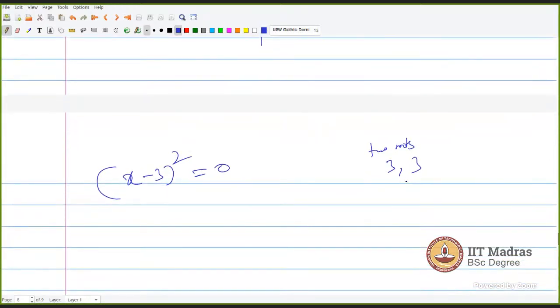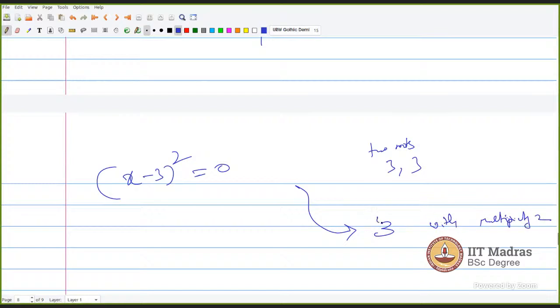So 2 roots means 2 real roots, 3 comma 3, which are equal. So this is also a correct statement. And also when we are dealing with multiplicity, in this particular course what we treat it as is one real root 3 with multiplicity 2.